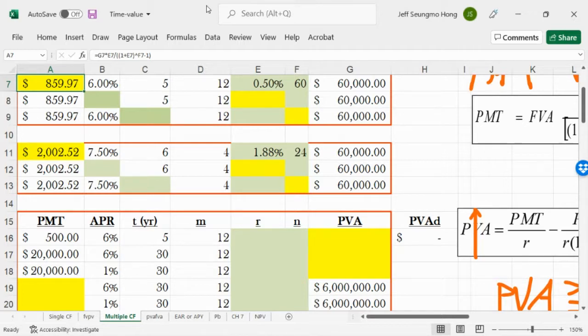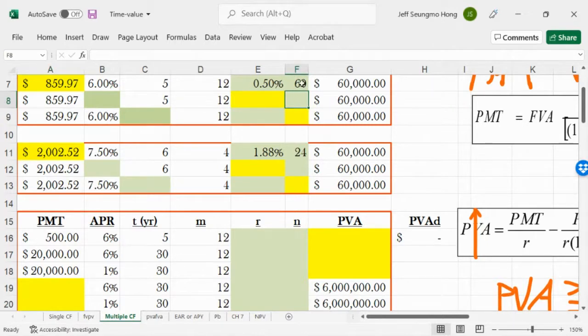So to find the rate, we'll have to use Excel's RATE function.